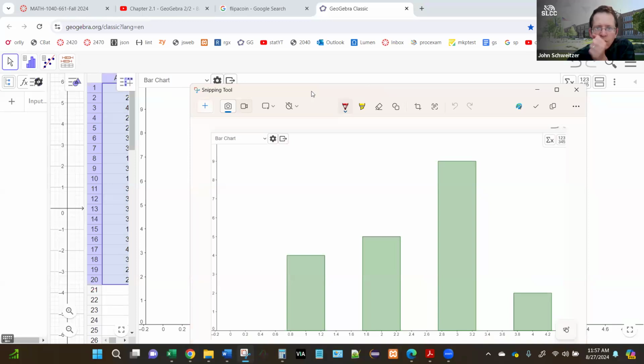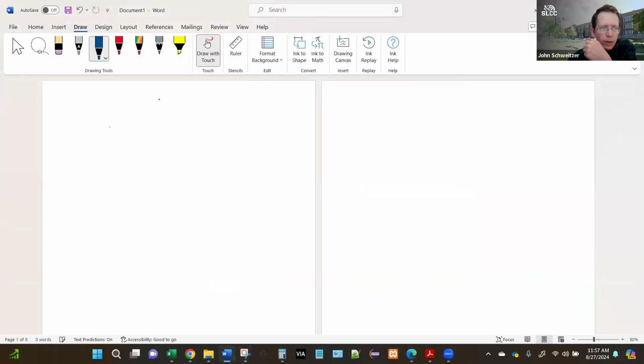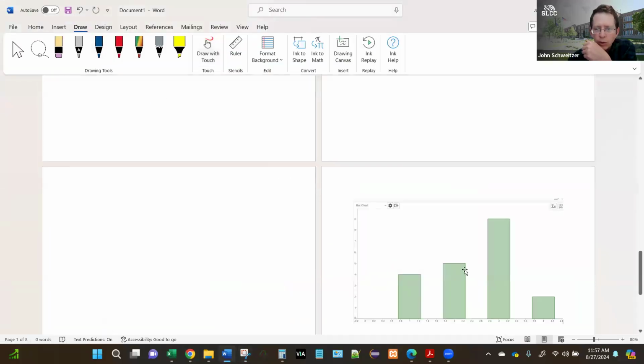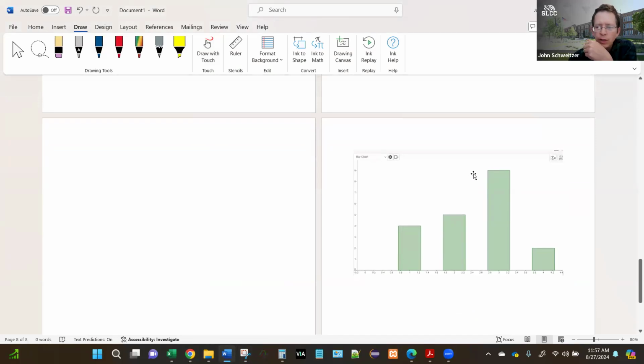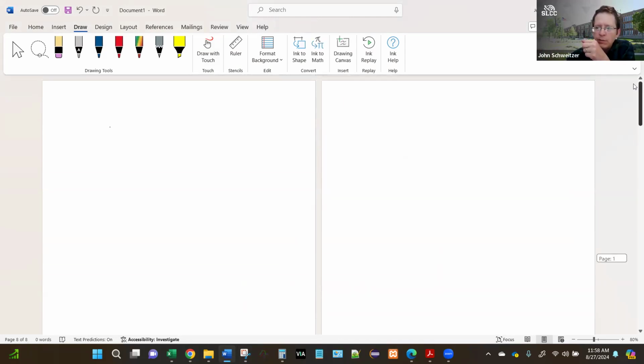Then it's a JPEG file, an image file, and you can save that or copy it, whatever you want to do with it, and put it right into a Word document like that. Or you can put it into Paint, another software program, and you can adjust the title, the axes, you can update the appearance of the graph a little bit. That's one of my favorite ways of producing a statistical report that looks professional.